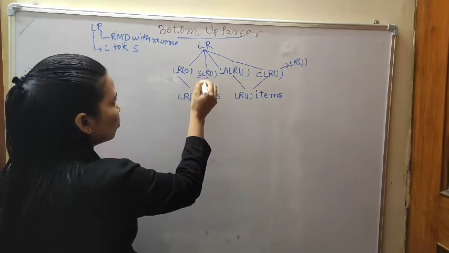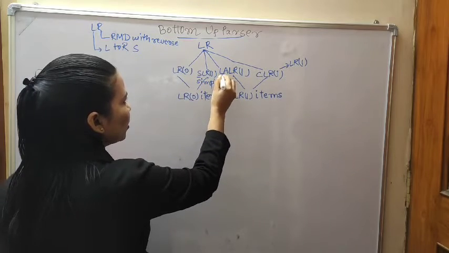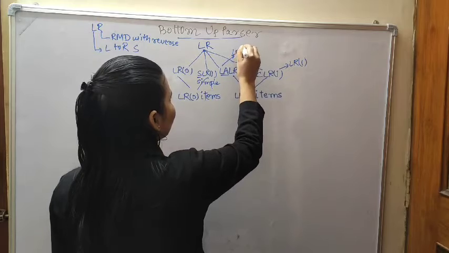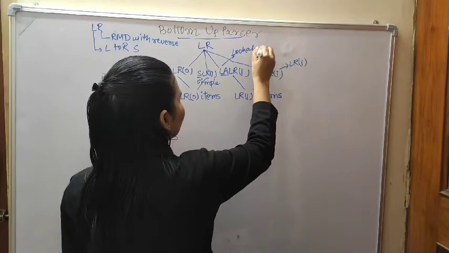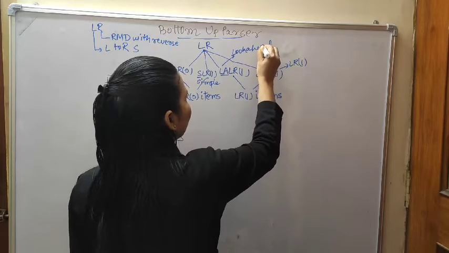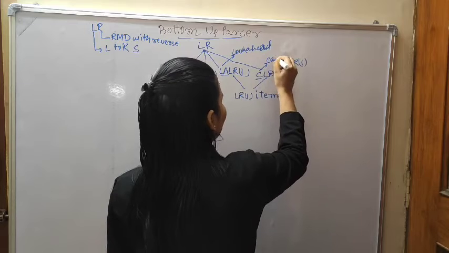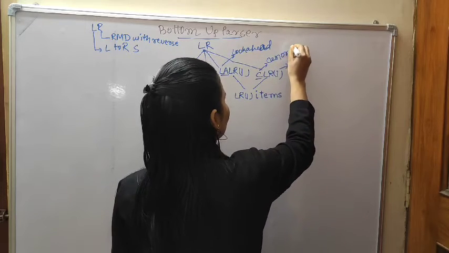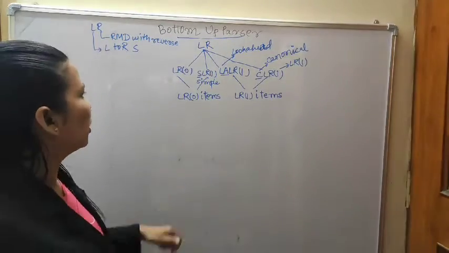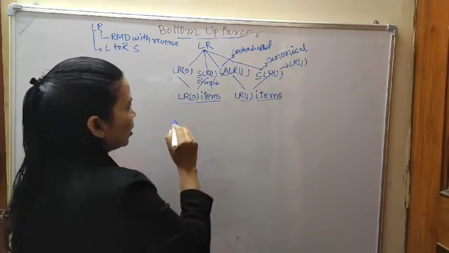S is simple, called simple LR. LA is look ahead LR. C is canonical LR. Now what are LR0 items and what are LR1 items?